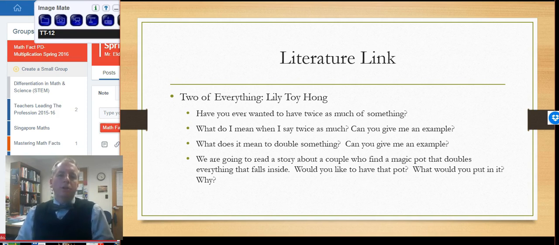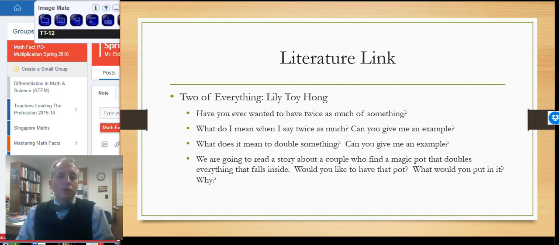I might like twice as many houses. Those kind of things. Can you picture wanting twice as much? What goes through your mind? What images are you seeing? Can we chart some of those kind of things out? Again, just trying to get into that idea of doubling something. And if you were my students, can you give me some examples of doubling something or a time that you had something and then you ended up with double that amount?